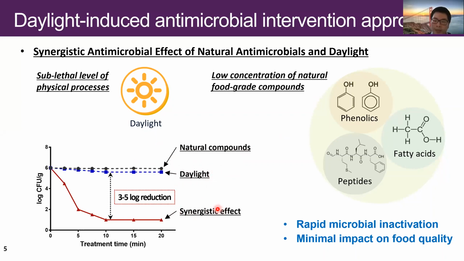But if we combine them together, then we can get a significant microbial reduction in a very short period of time. So this is a rapid antimicrobial approach, and because we are using a low level of physical process and a low concentration of natural food-grade compounds, we can minimize the impact of the process on the food quality.